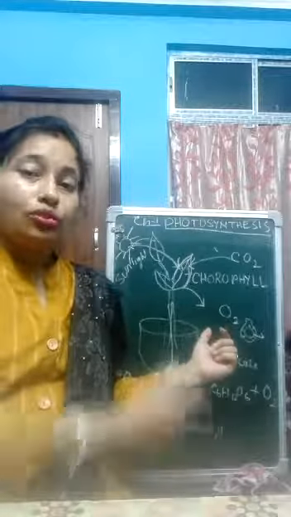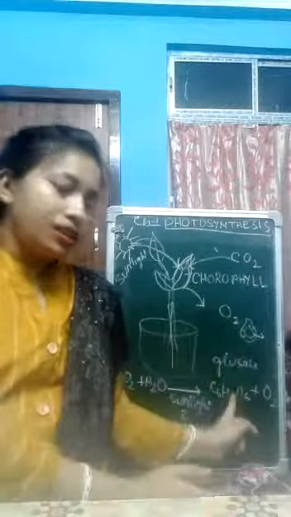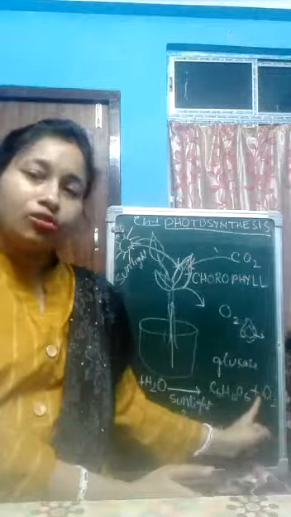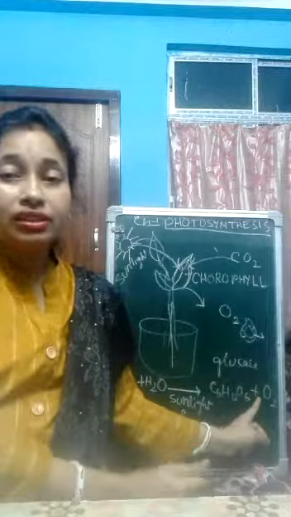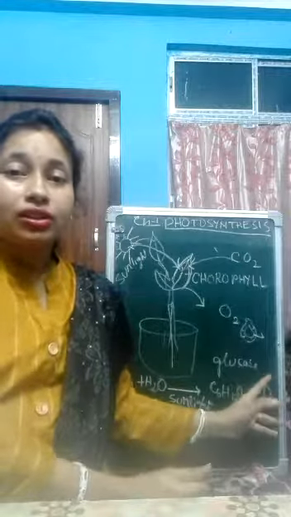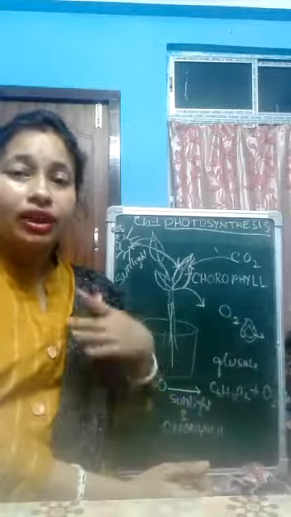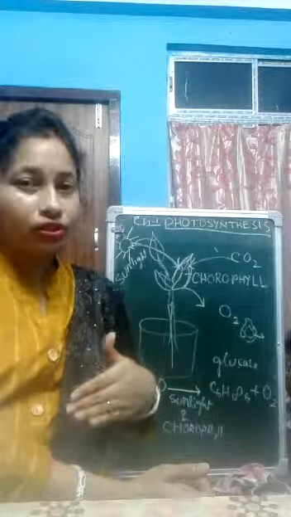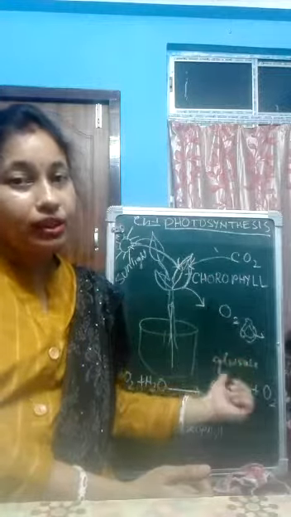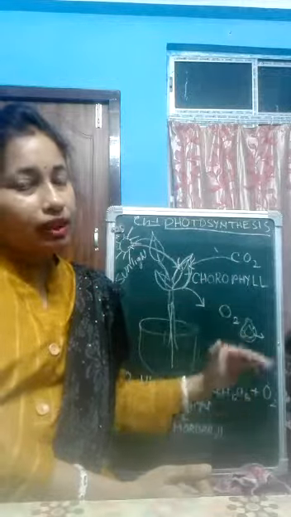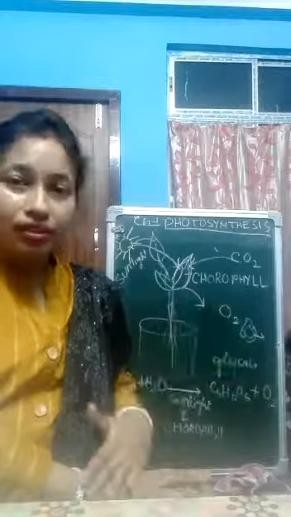Now other than glucose, what is the other thing which is produced by the plant? That is oxygen. It is our life. We cannot live without oxygen, and oxygen is prepared by plants. They give out oxygen, and that oxygen is taken by us.